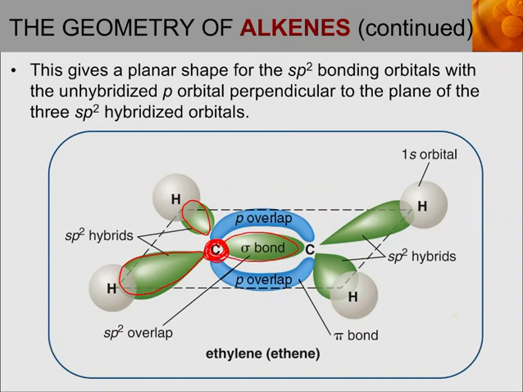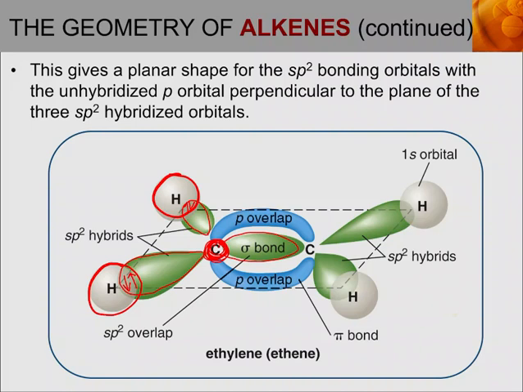And let's say that our carbon atom uses two of its sp2 hybrid orbitals to form bonds with hydrogens. So now we've got our unpaired electron from the sp2 orbital and an unpaired electron from hydrogen. And remember, they have to have opposite spin. So we'll just draw that up above too.